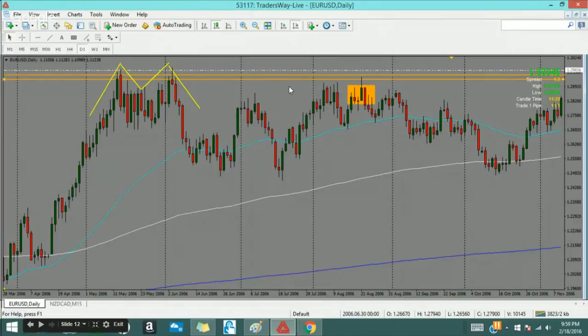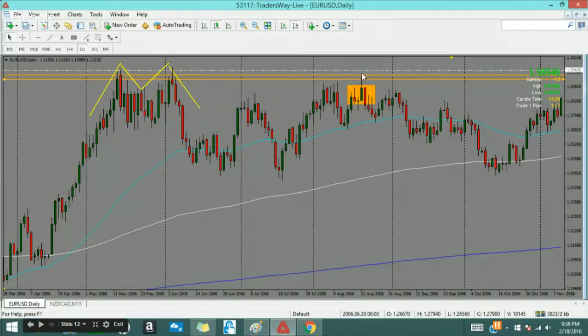Picture it like this: if you're bouncing a ball inside a room and you throw it to the ceiling, it's just going to bounce back. That's how you should picture it. This is the ceiling here.